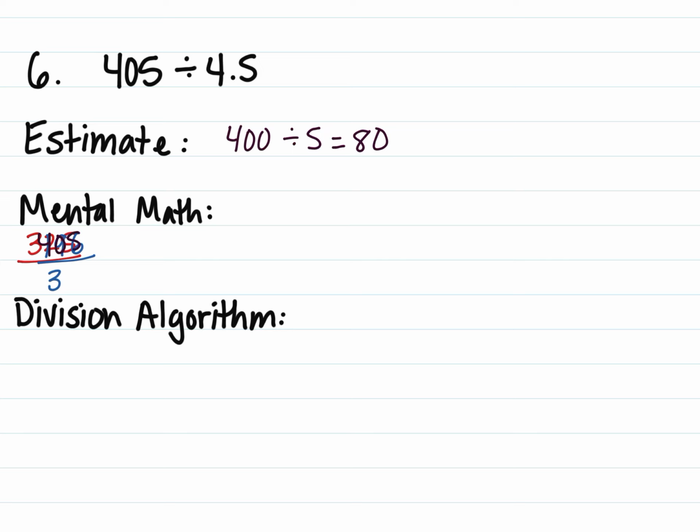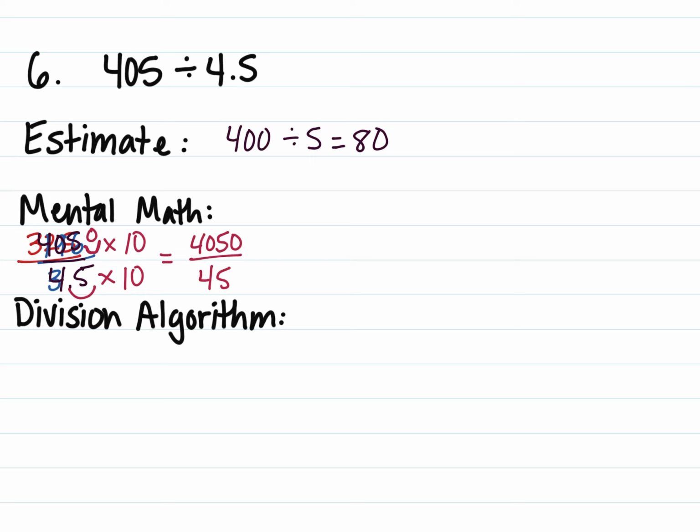For mental math, stack them up and start by getting rid of the decimal. One decimal place requires you to multiply by 10. Move it over once gives you 45. Moving this decimal over once requires you to fill in that empty space with a 0.